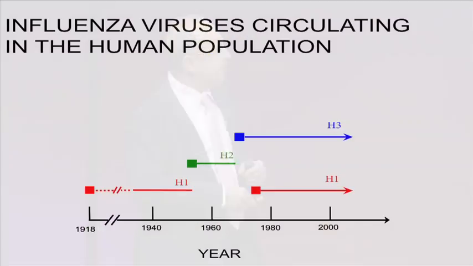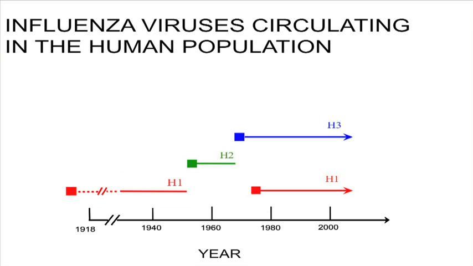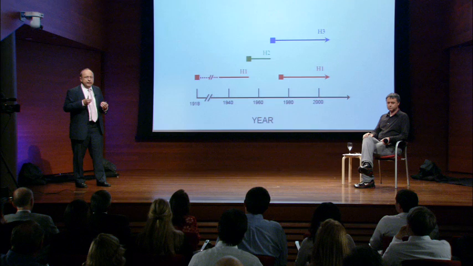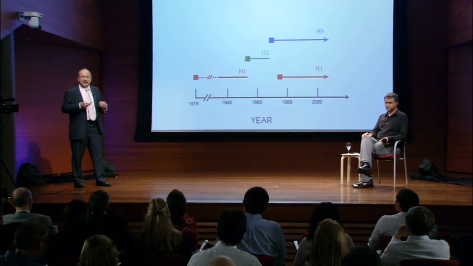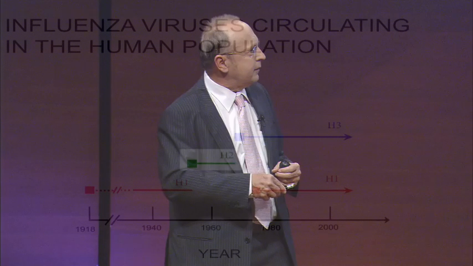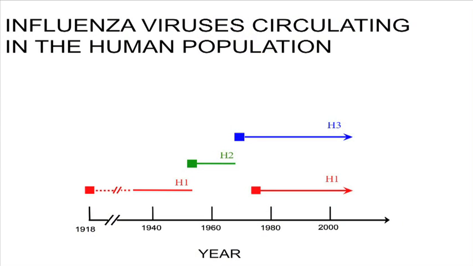This 1918 virus belonged to what we call the H1 subtype. That means it has a hemagglutinin of this H1 subtype, and this virus was replaced in 1957 by a different virus, which had a hemagglutinin 2 subtype, and that subtype was prevalent for about 11 years.